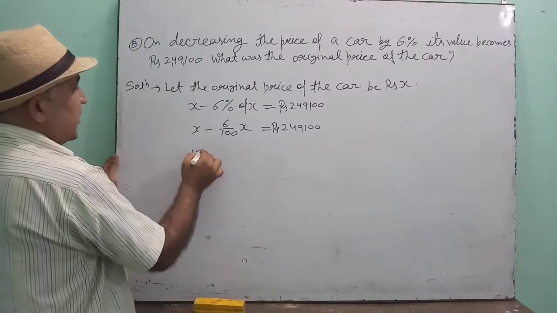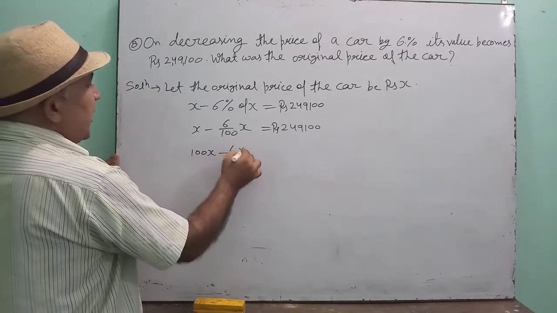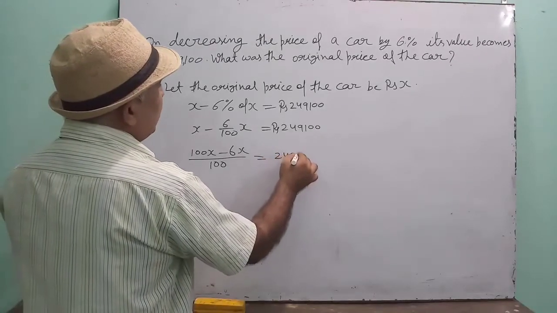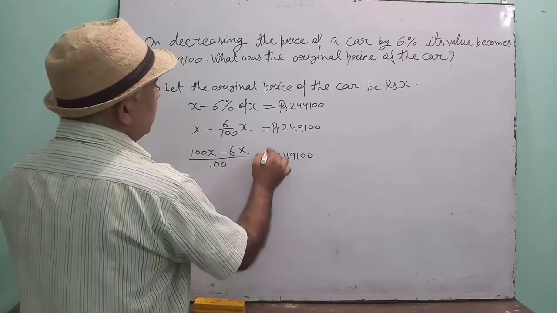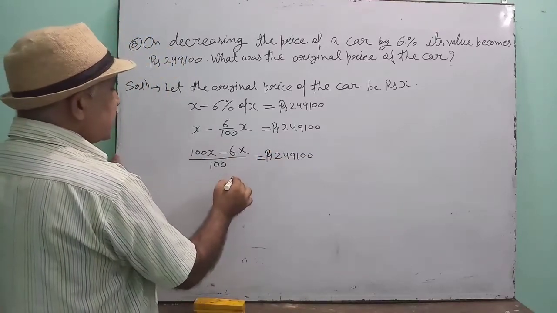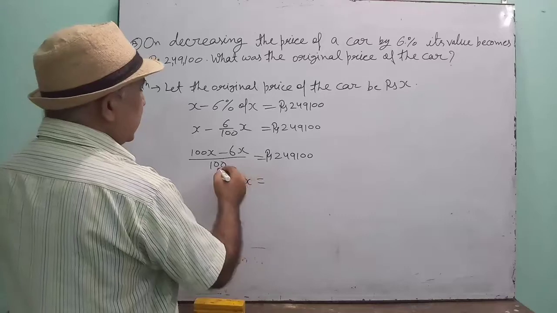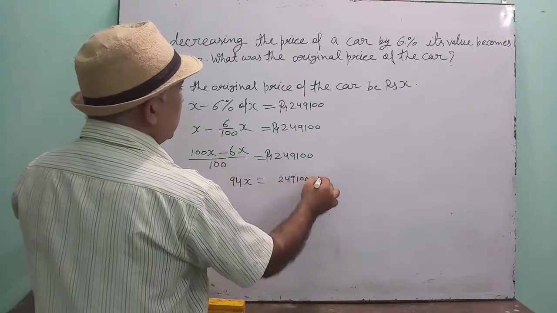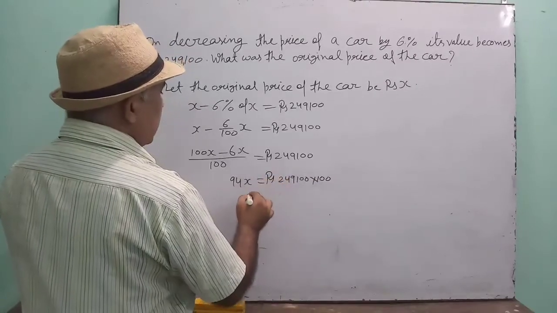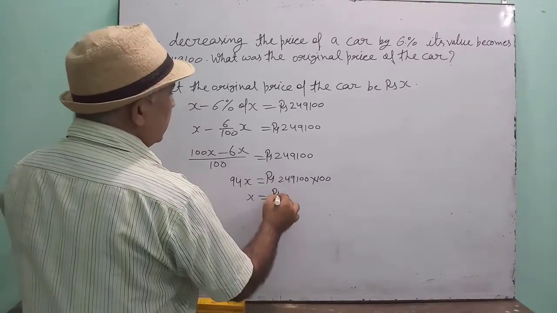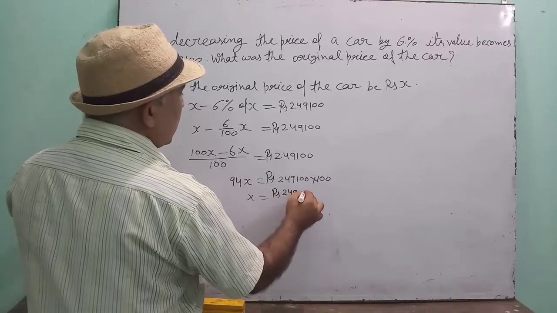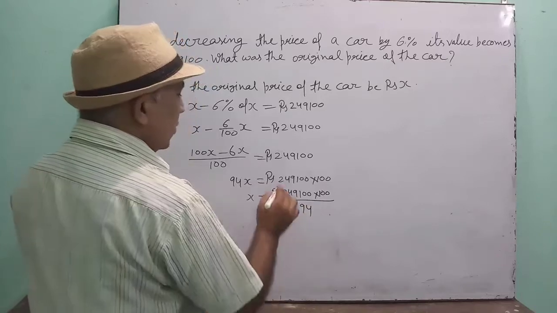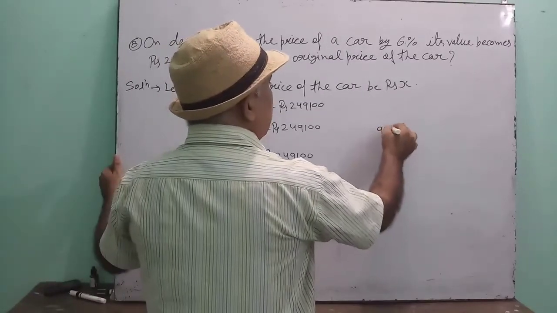Taking 100 as the LCM, it will become 100x minus 6x upon 100 is equal to 249100. 100 minus 6 will be 94. This 100 will be multiplied here. So x is equal to rupees 249100 into 100 upon 94. Now solve this and get your answer.